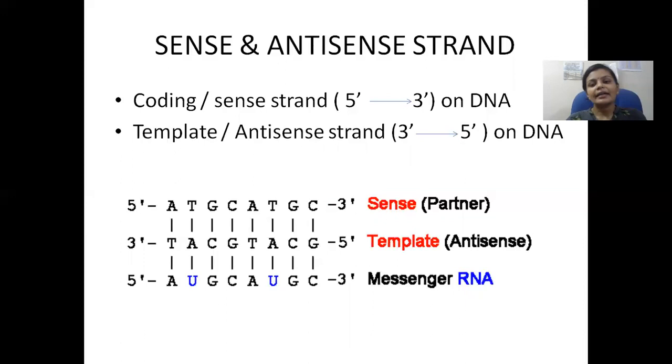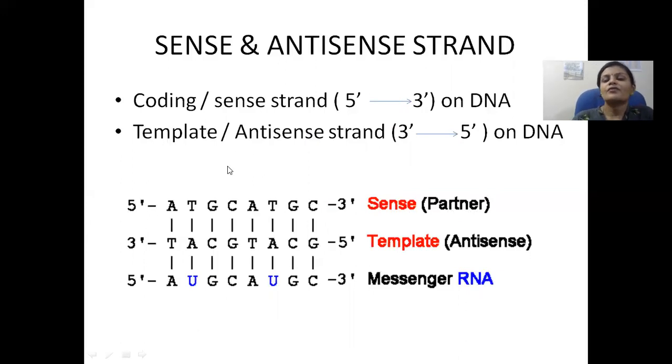The 5' to 3' direction strand is what actually contains the information as it is in the mRNA strand. It is just a copy of what is there in the mRNA. So we call it the sense strand, or the coding strand, because it contains the codons.